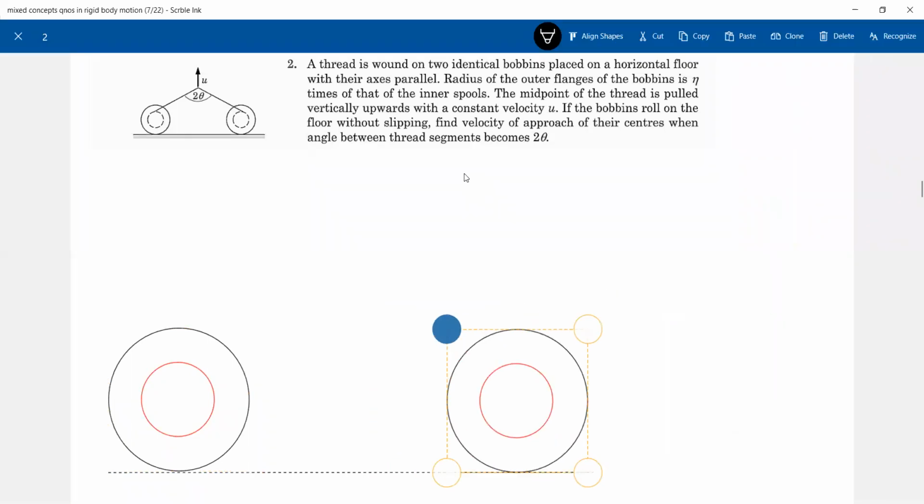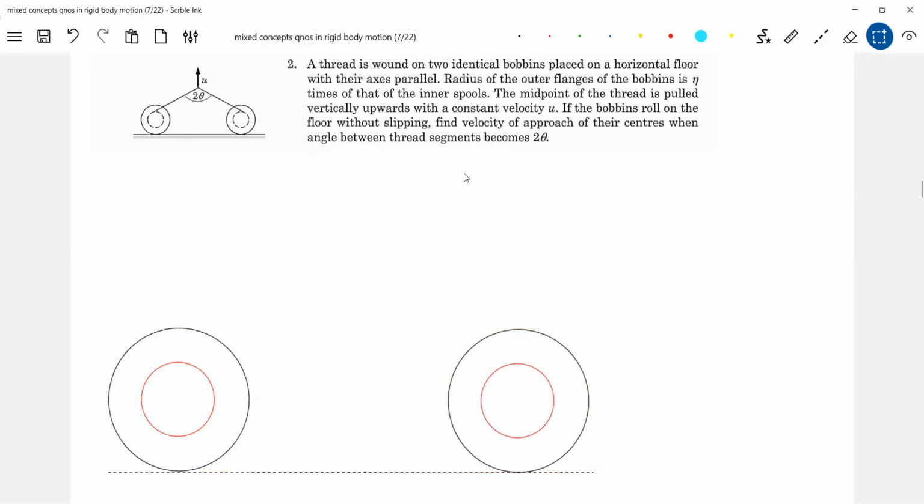Okay, meanwhile you try it, I'll finish off the diagram. These are the two disks and they are connected by a rope. There's a midpoint.